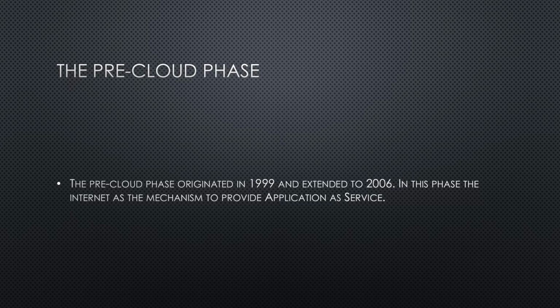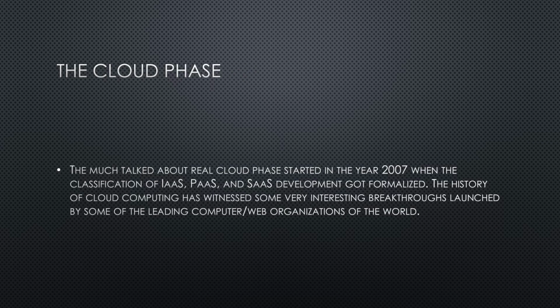In this phase, the internet had the mechanisms to provide applications as a service. The cloud phase: the much talked about real cloud phase started in 2007, when the classification of IaaS, PaaS, and SaaS got formalized. The history of cloud computing has witnessed some very interesting breakthroughs launched by some of the leading computer or web organizations of the world.